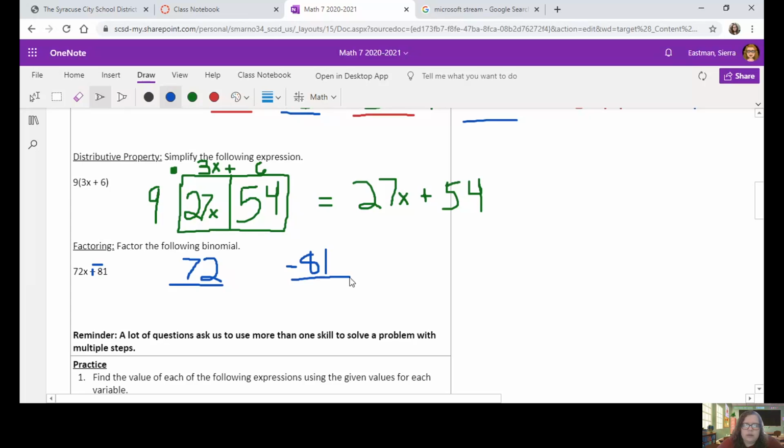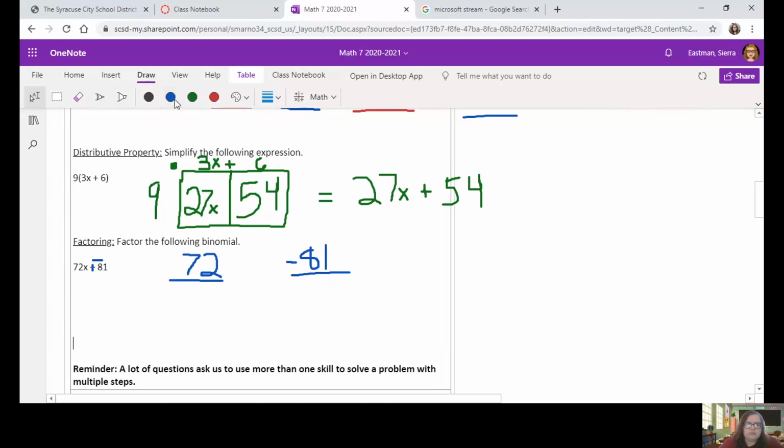And I'm going to find the factorizations of these two numbers. For 72, there's quite a few. We can have 1 and 72, 2 and 36, 6 and 12, 8 and 9.